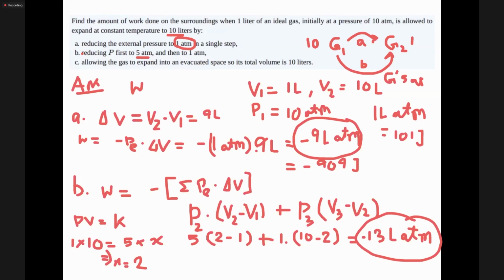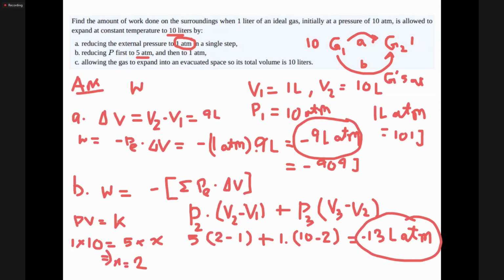Firstly, from 10 atmosphere to 5 atmosphere, and then from 5 to 1 atmosphere. In case of A, the work done is minus 9 liter atmosphere. In case of path B, the work done is minus 13 liter atmosphere. The amount of change is around 4 liter atmosphere. So the work done by the system on the surroundings is more when we are taking more halts.